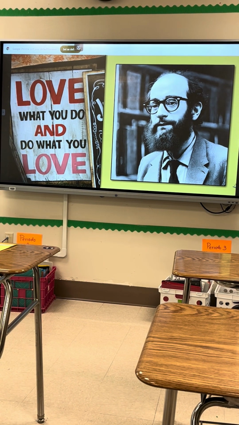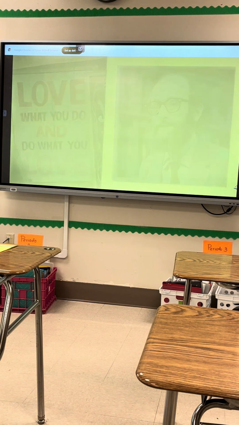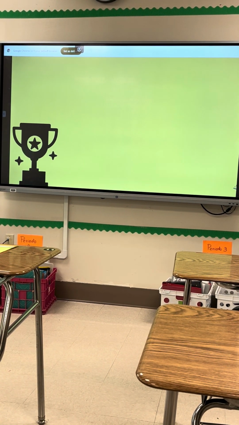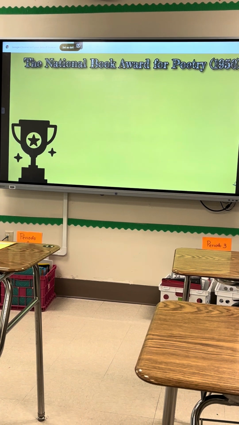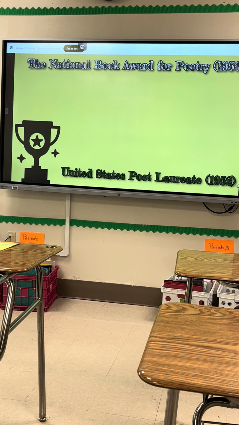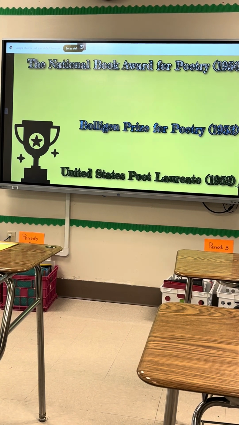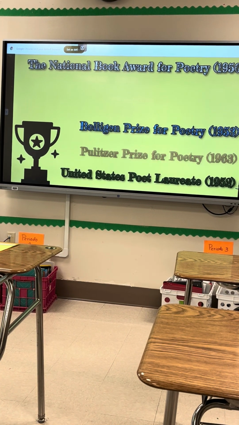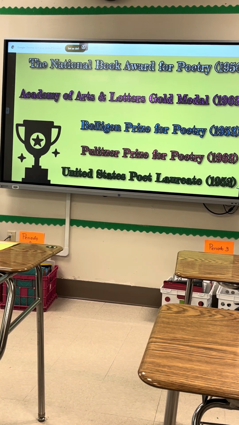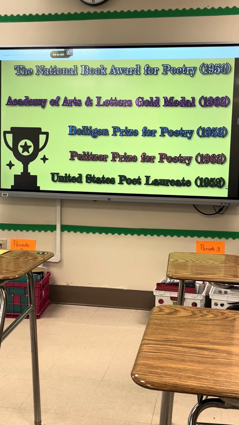It also goes without mentioning that Williams received a number of elite awards and honors, some of which include the National Book Award for Poetry, the United States Poet Laureate, the Bollingen Prize for Poetry, the Pulitzer Prize for Poetry, and the Academy of Arts and Letters Gold Medal.